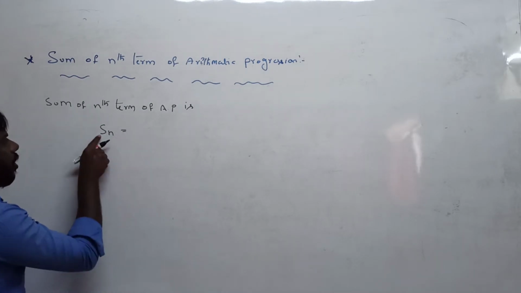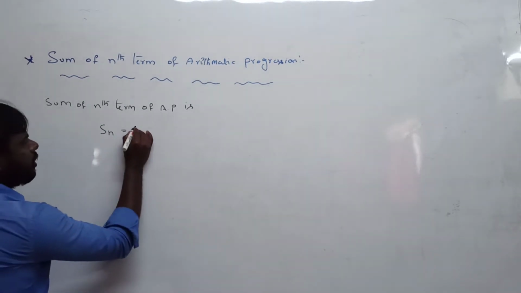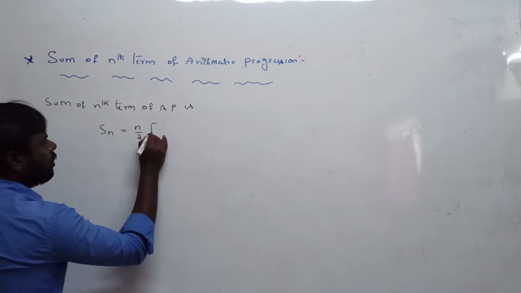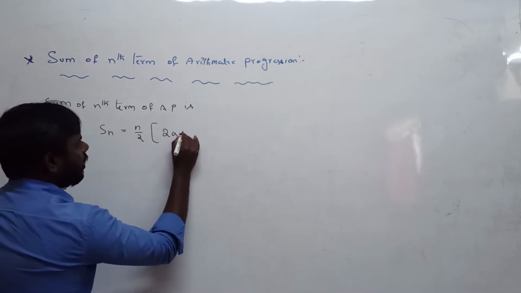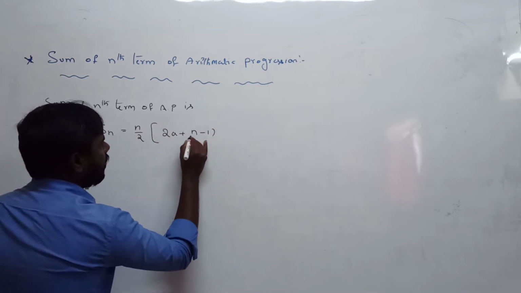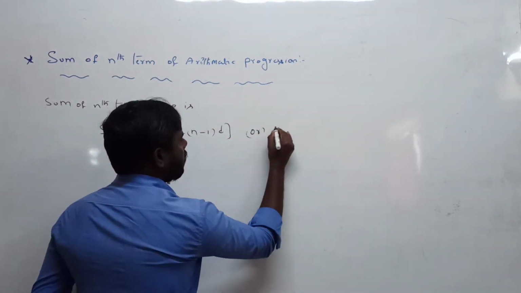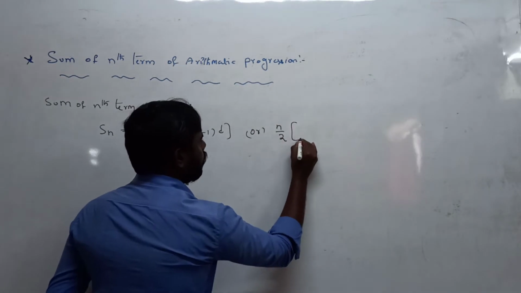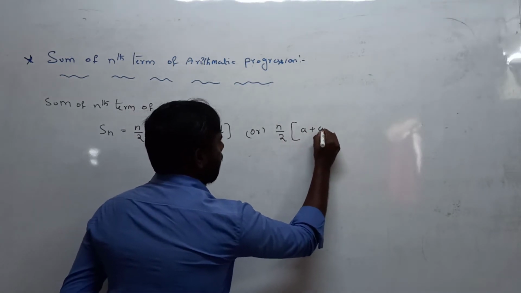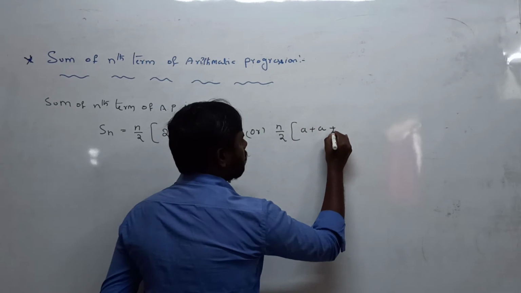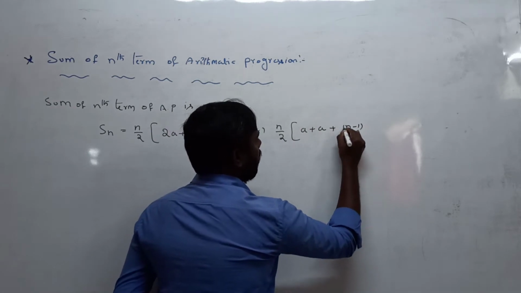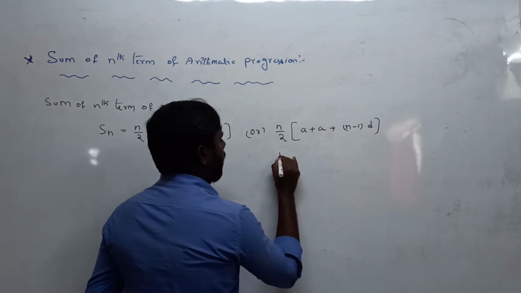Sn, the sum of n terms, is n by 2 into 2a plus n minus 1 into d, or 2a can be written as a plus a, so n by 2 into a plus a plus n minus 1 into d.